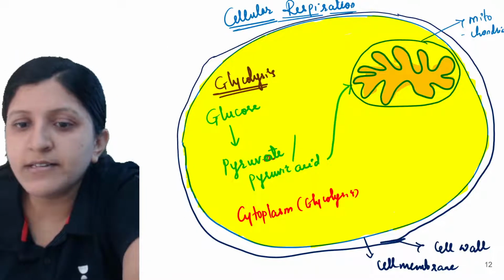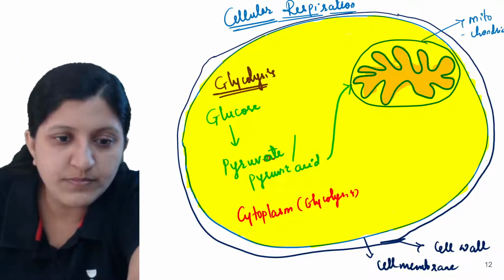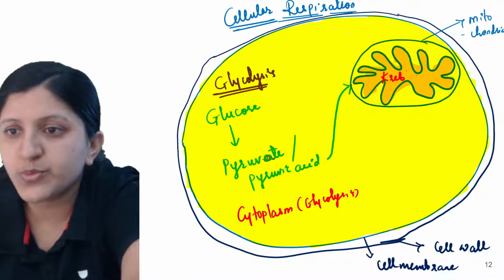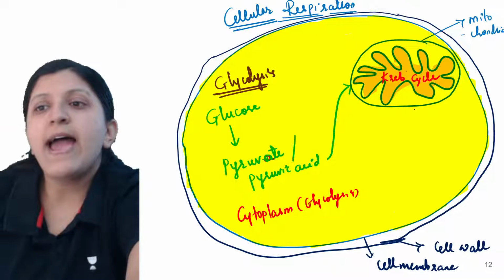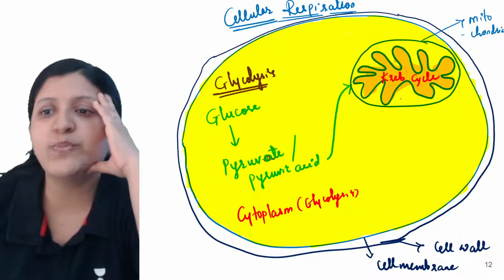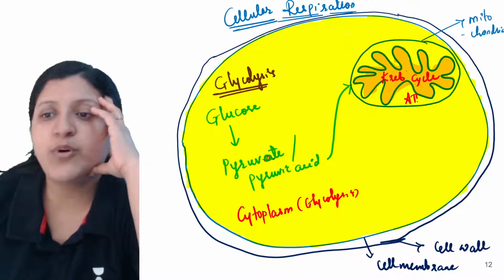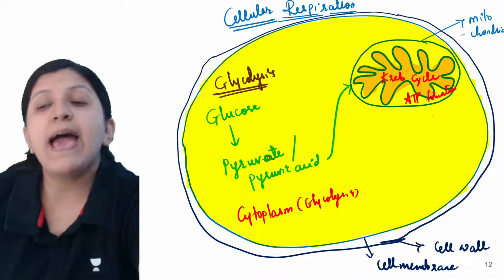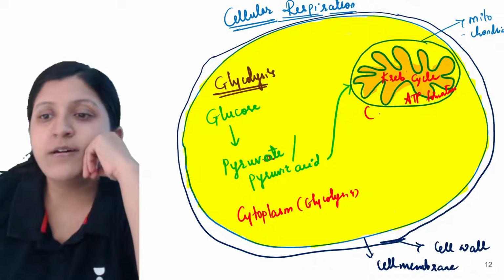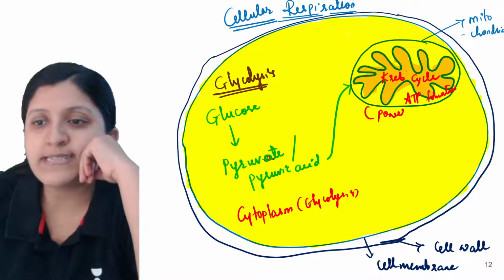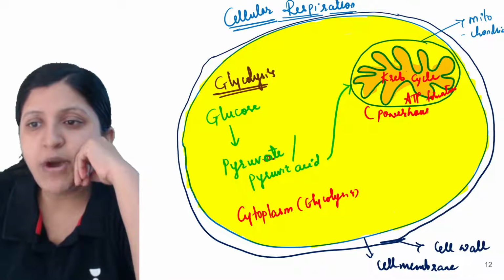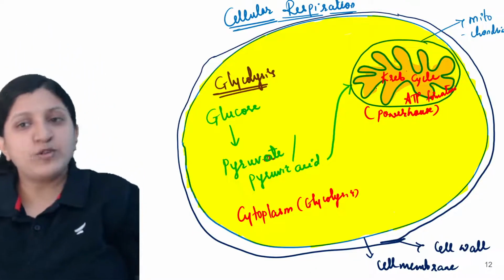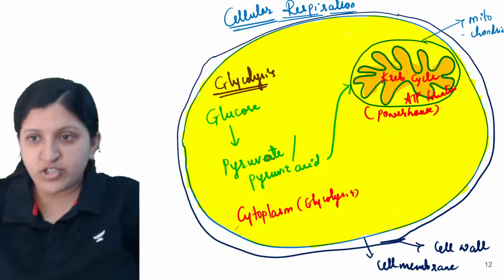So the Krebs cycle occurs here. And with the Krebs cycle, basically ATP formation happens over here, and that's the reason the mitochondria is called the powerhouse of the cell. Why is it called the powerhouse? Because in the mitochondria a large amount of energy is formed.